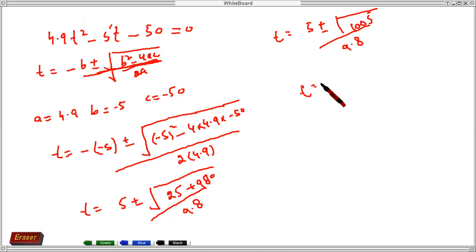So we have time equal to 5 plus minus the square root of 980 plus 25, which equals 1005. The square root of 1005 is 31.7.